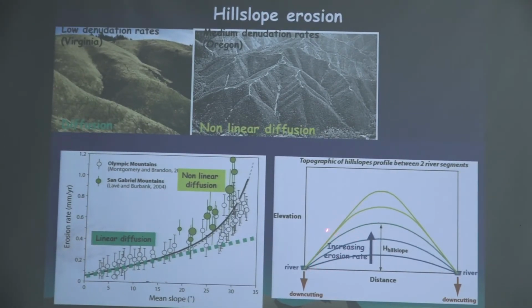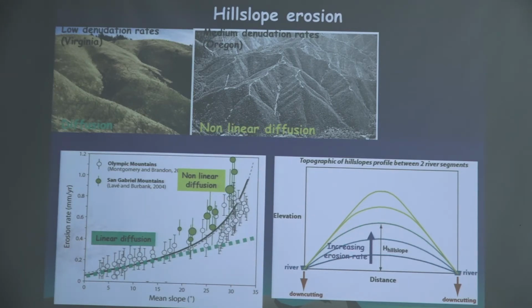It means that we begin to saturate in terms of slope angle. So we stop having a parabolic shape for the interfluve between our two rivers. We still have at the summit some kind of parabolic shape, but the lowest part of the slope will be dominated by a critical angle in some planar slope.